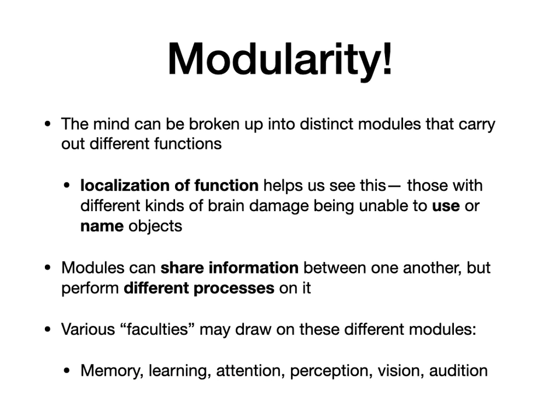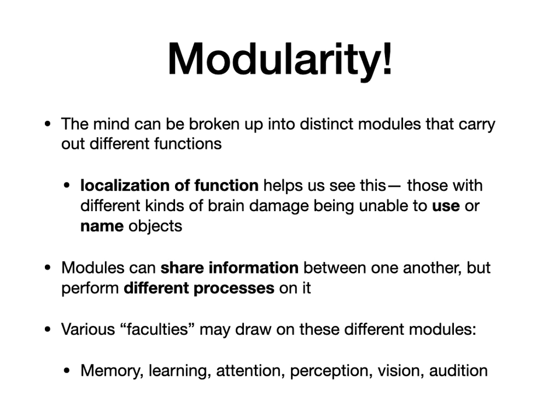Modularity. This is the concept, a pretty important one in cognitive science, that the mind can be broken up into distinct modules that carry out different functions. If you think back to some of the localization of function we've looked at before, different kinds of brain damage make it so that you're unable to either use or name objects depending on where in your brain you were damaged.